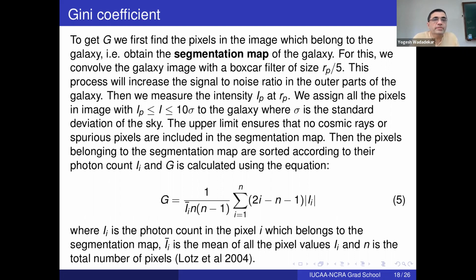Now there are two more parameters. One is called the Gini coefficient. Okay. So this Gini coefficient doesn't come from astronomy, it comes from economics, statistical economics. In economics, they like to measure this coefficient to find out how uniform or non-uniform the wealth distribution is in any given society.